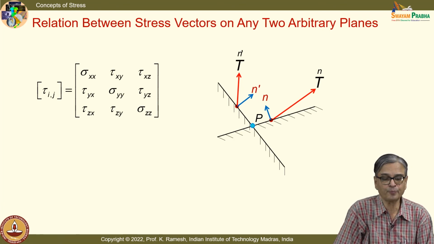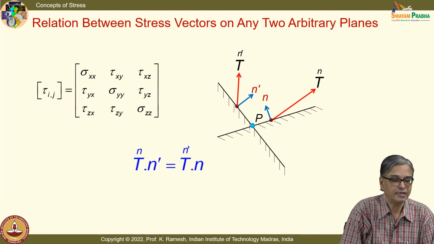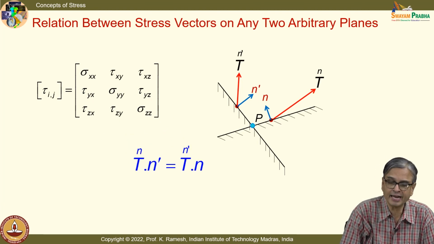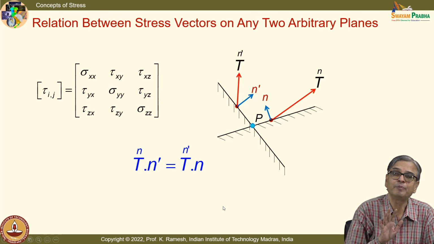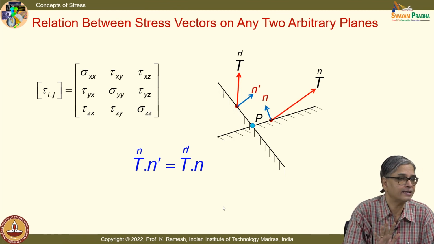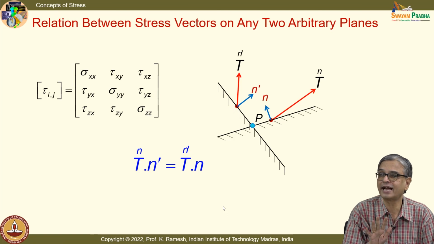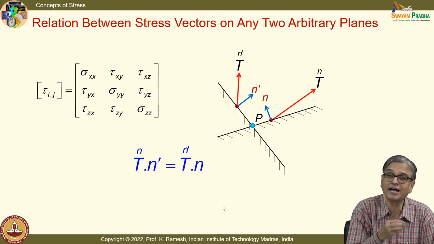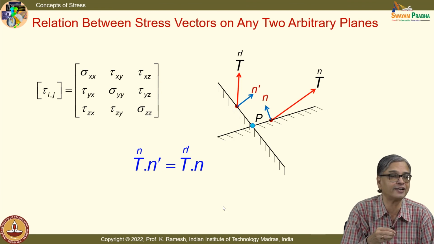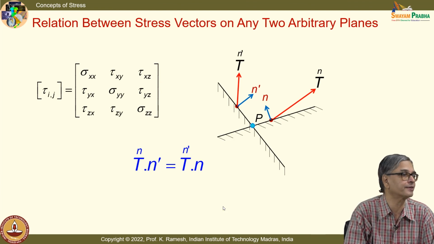And I want you to prove Tn dot n prime equal to Tn prime dot n. See, these are all vectorial quantities and this is a dot product. Please work it out in longhand and come with this identity, because we will use this identity to develop certain other interesting concepts related to state of stress at a point.